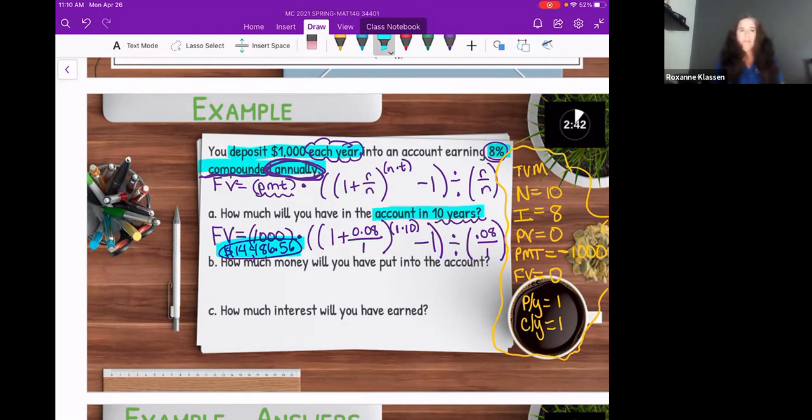So get it ready in the chat. I might give you maybe 30 seconds. Get it ready in the chat. How much did you put in the account when you're putting in $1,000 a year for 10 years? Don't hit enter yet.